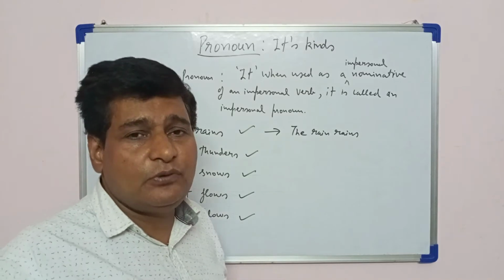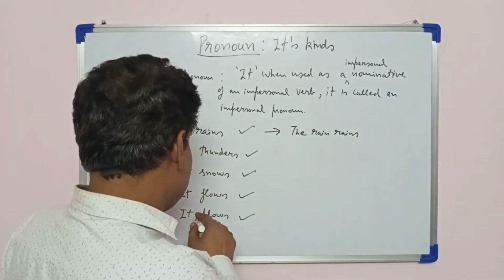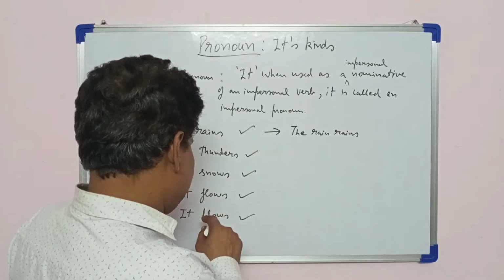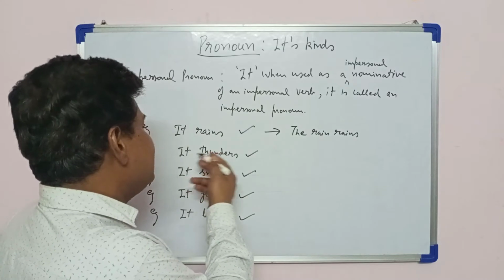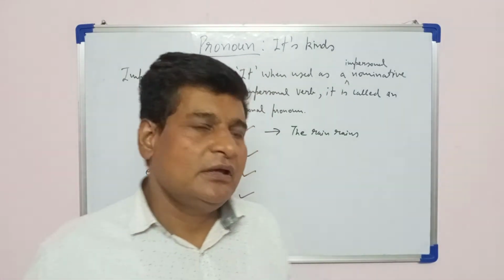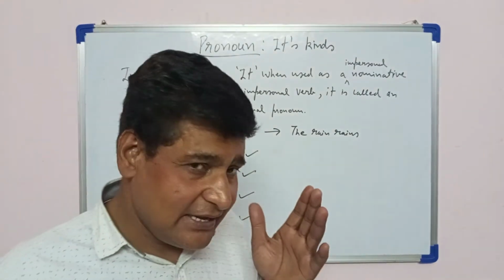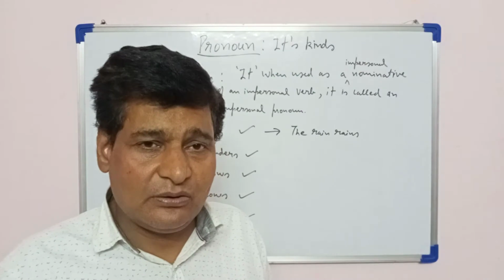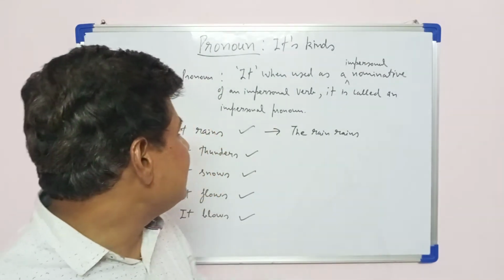Flows what? Flow is obviously the river. So the river flows, the water flows. It blows. So what blows? Wind blows. Here you can also understand the cloud thunders generally. So here you can easily understand the real noun is hidden. You can understand it from the verb itself.